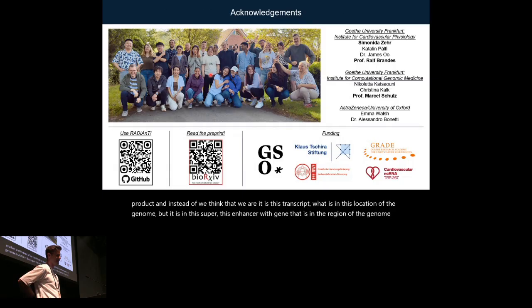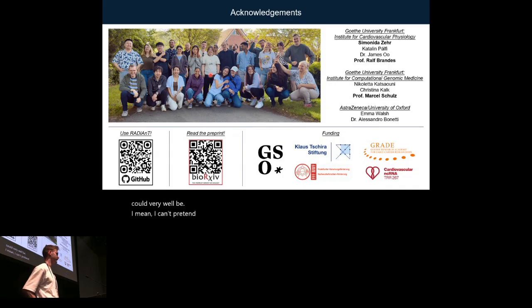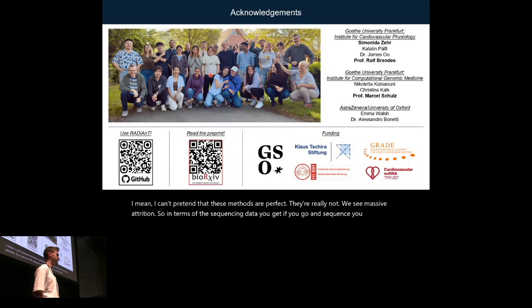Yeah, that could very well be. I can't pretend that these methods are perfect. They're really not. We see massive attrition. If you sequence 300 million reads, you'll get 10 million reads that are actually useful in the end. So we can't be concrete on what we're really covering.